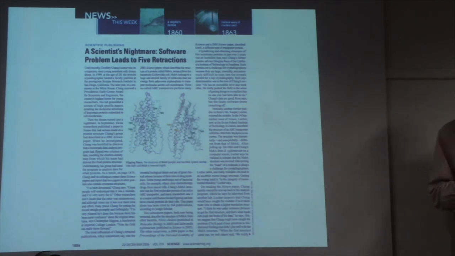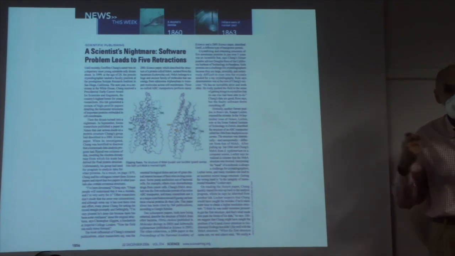Well, that might happen. Proteins that have similar primary structure might have different tertiary structures. But then this happened over and over again. Every time he published a new structure, it was different from what people expected. That became a little suspicious until one of the scientists, surprised by one result published by Chang, looked harder at the data and saw what the problem was. Chang was publishing mirror images of the structure.